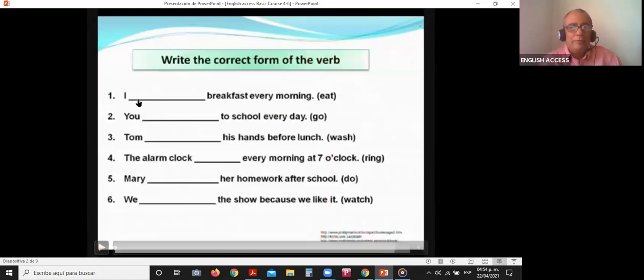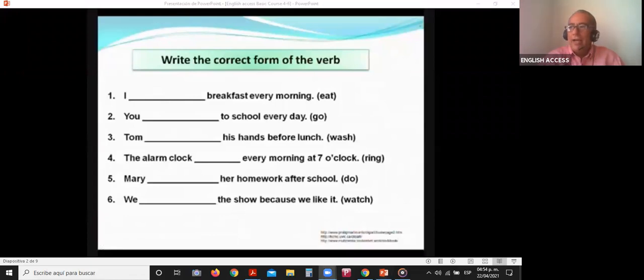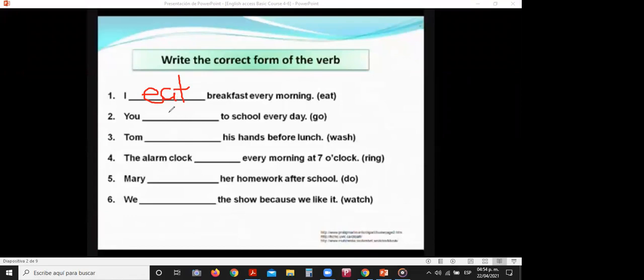Now let's see a little practice. For example, this is the pronoun I, and this is the verb eat. What is the correct form? Exactly. I eat. We don't change the verb. I eat breakfast. Number two, Antonio, you and the verb go. You go, exactly.